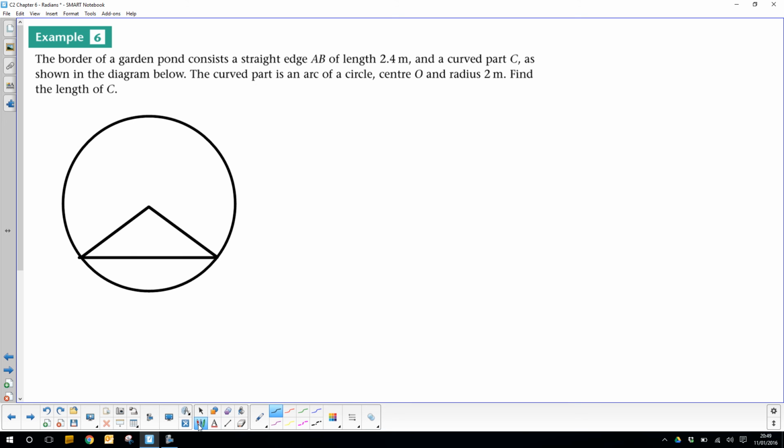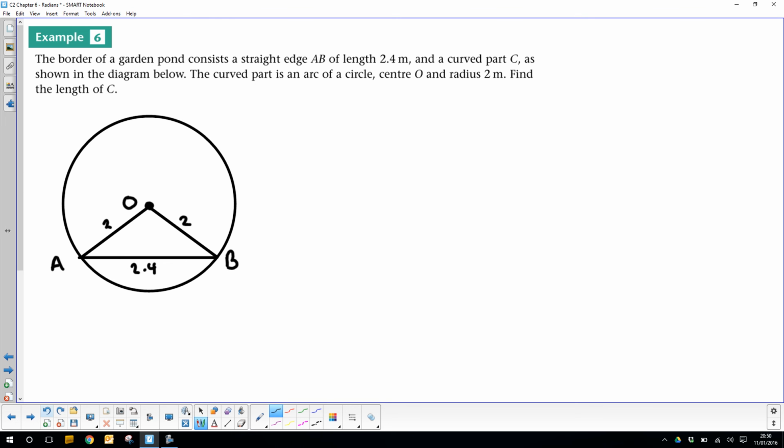So we've got a straight edge AB, length 2.4 metres, and a curved part C as shown in the diagram. So that's this major arc around here, but we're not going to pop that on there for now. And the curved part is an arc of a circle, centre O, so let's pop that in, and a radius 2 metres. Find the length of C.